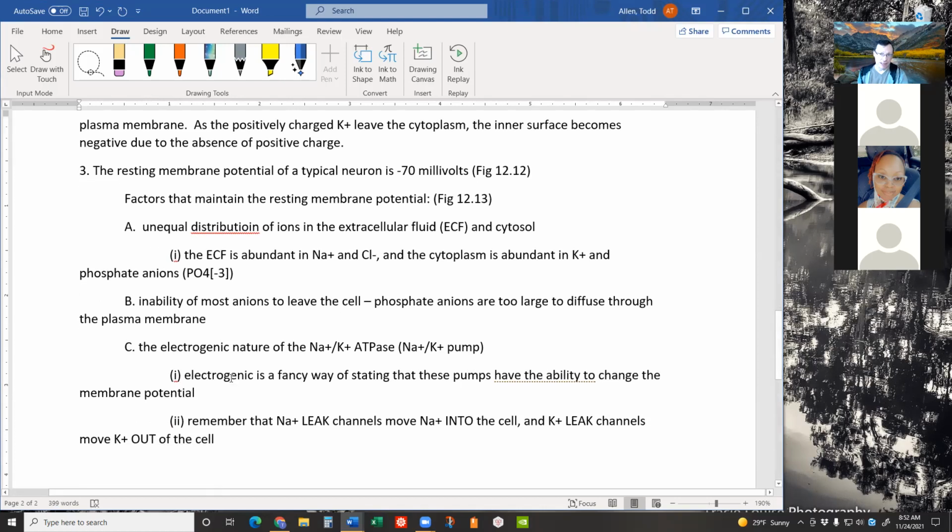That's how the leak channels move these ions. So the job of the sodium potassium pumps is going to be to move the respective ions in the opposite direction of the leak channels. So that means the sodium potassium pump is going to pump sodium ions out of the cell, and pump potassium ions back into the cell, and it's going to burn energy to accomplish that goal.